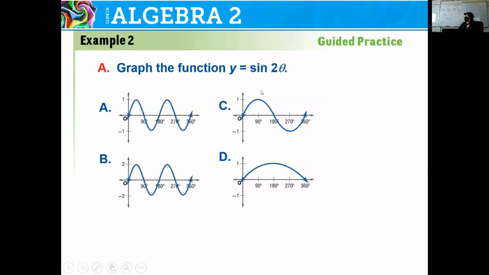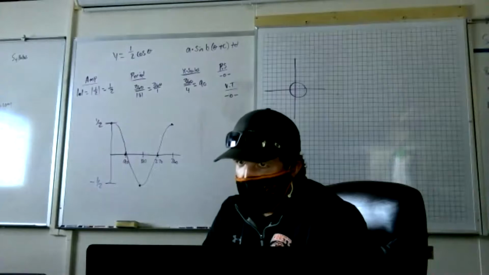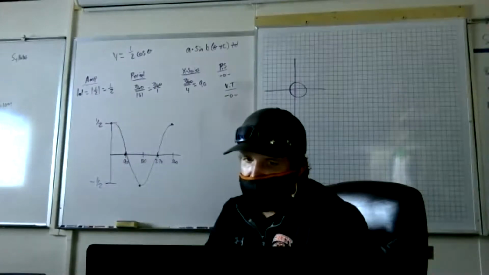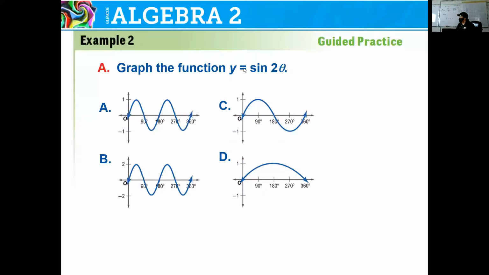Okay, so graph the function y equals 2 sine of 2 theta. If we just analyze, did A change at all? No, still just 1. So our graph should go from 1 to -1.